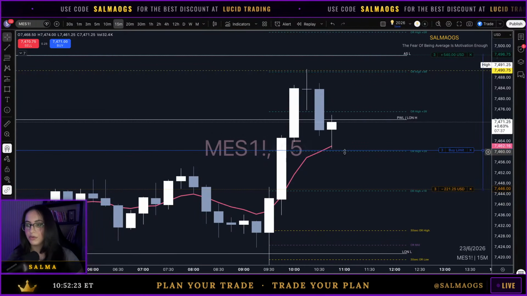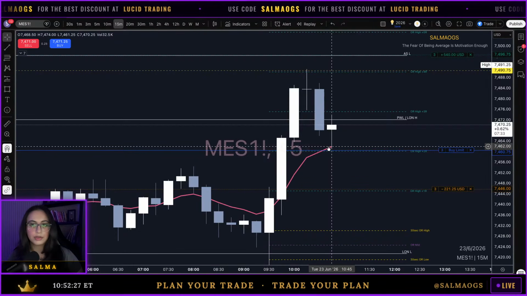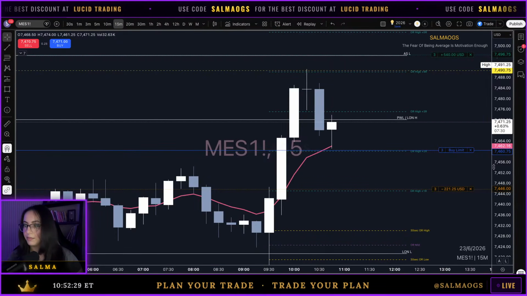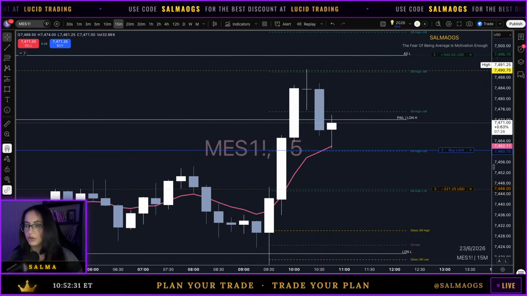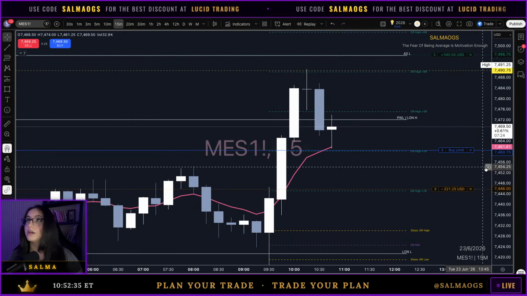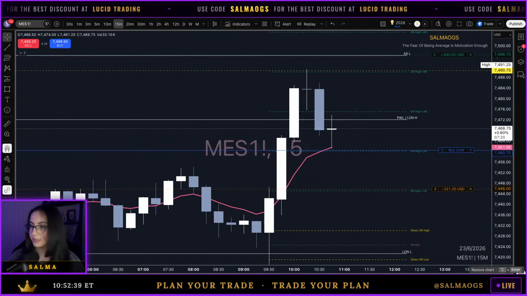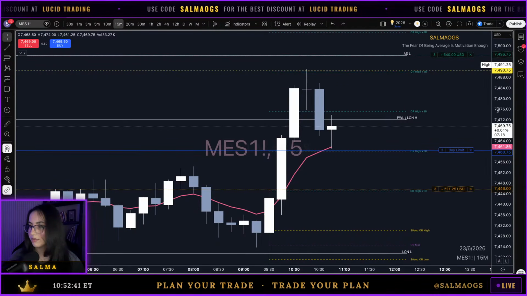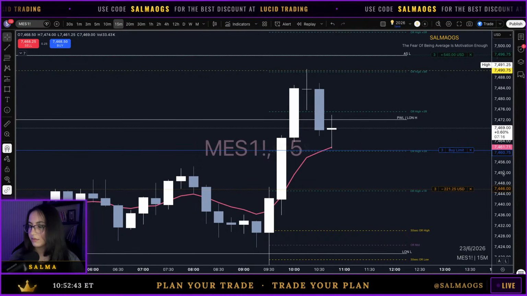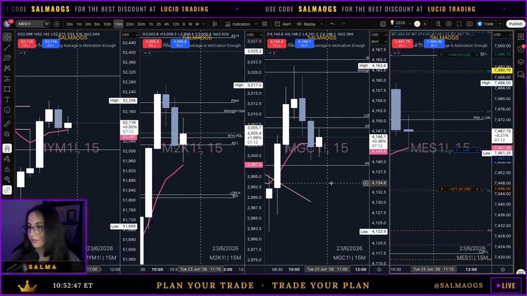So this was your retest for longs, and it missed me by 2 ticks, which is a damn shame because I'm really liking this reaction here. I'll keep it just for a little bit longer because we still have 7 minutes left on this 15-minute candle. A lot can happen in 15.